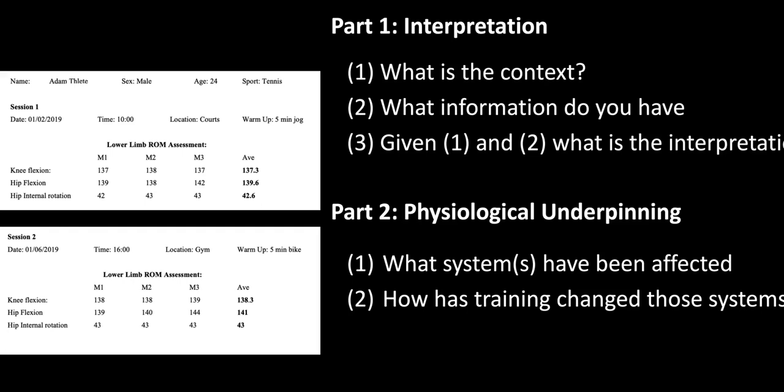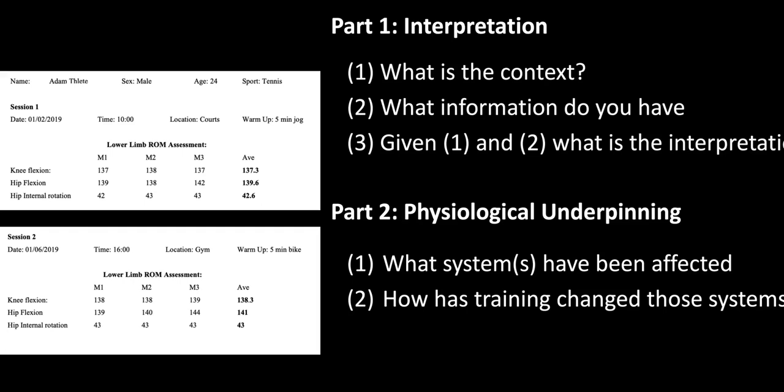How has training changed those systems? Well, it didn't change those systems. It didn't improve them. What we did see, if anything, was changes in temperature, which have knock-on effects on muscle compliance and muscle pliability, that allowed for small improvements in flexibility, but certainly not improvements in the magnitude we would expect as a result of a training program.